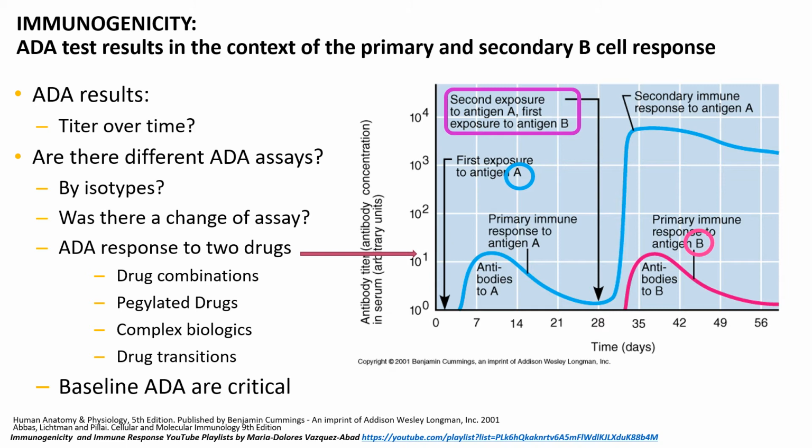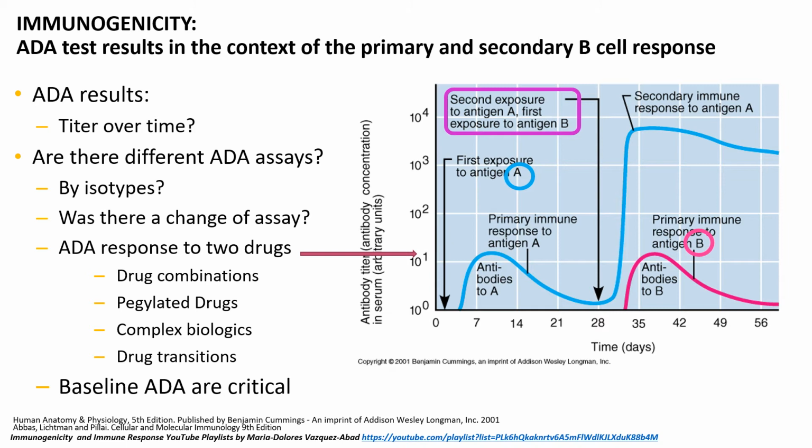Without baseline levels, we cannot really interpret, because this is not like hemoglobin, where we have a normal value for the whole population. These are different assays. These are anti-drug antibodies that normally should not be present. So we don't know how to put it in context if we don't have baseline anti-drug antibodies.